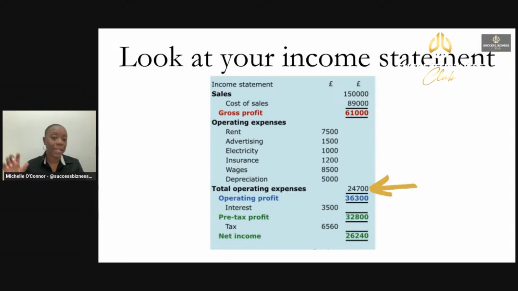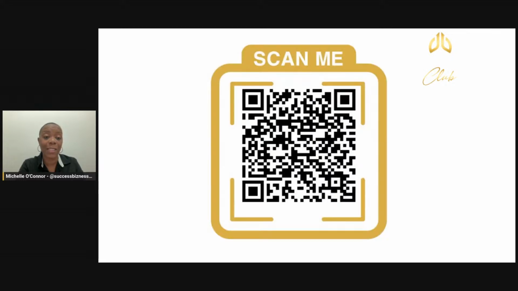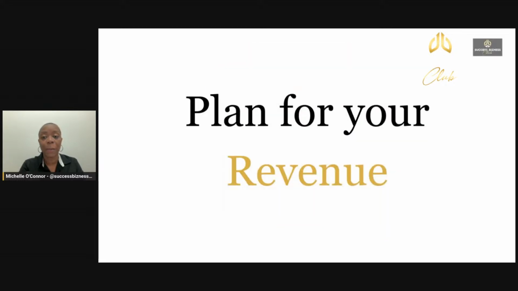So look at that line item on your income statement and use that as the amount that is costing you. You're going to include your salaries, all of those things are included. Ensure that you have that there, divide that by the number of office spaces, and that is going to give you what your cost is. So ask your accountant for your income statement and just look at the line and see what's there. So we talk about plan for your expenses.